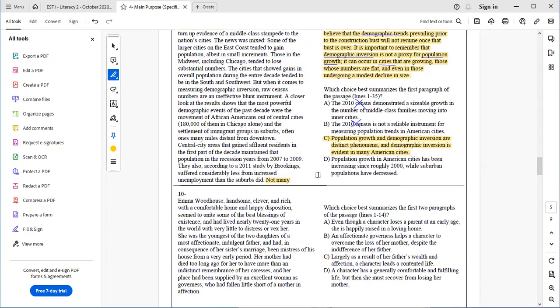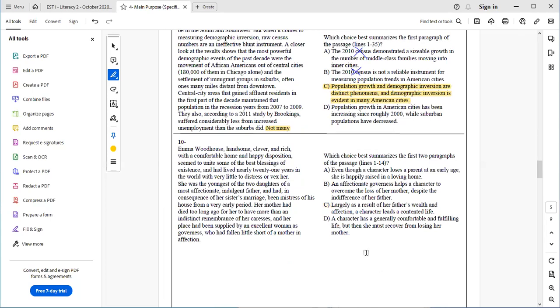Perfect. The last question in the homework, number 10. Write the answer in the chat box, please. Yusuf said D. Hala said B. Let's wait for Myrna.